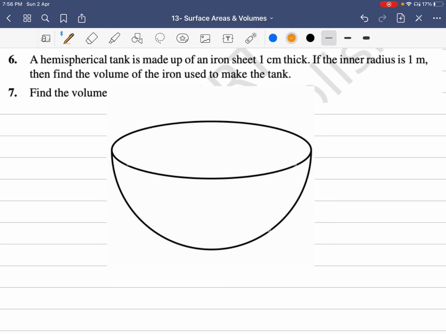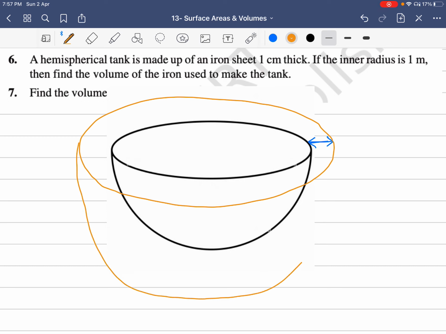So let us assume this is the thickness, 1 centimeter thick, which means now I'm going to make another diagram. Something like this, and because it's 1 centimeter thick, we have this hemisphere.